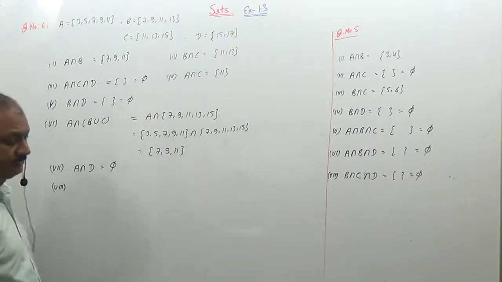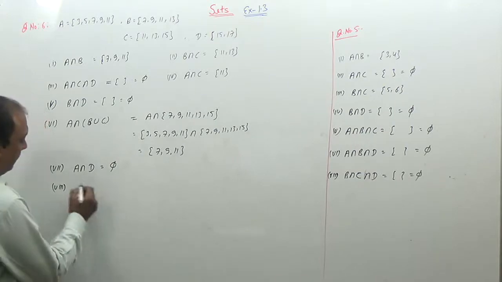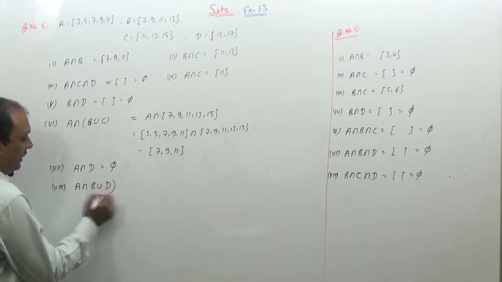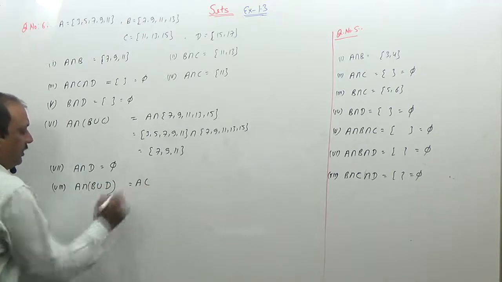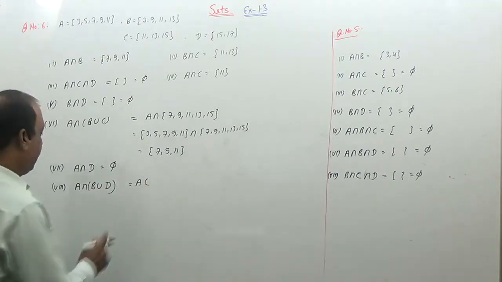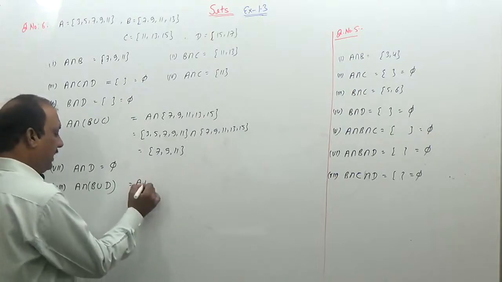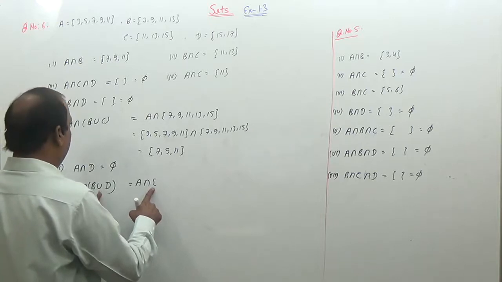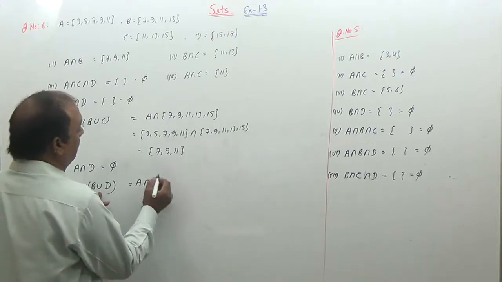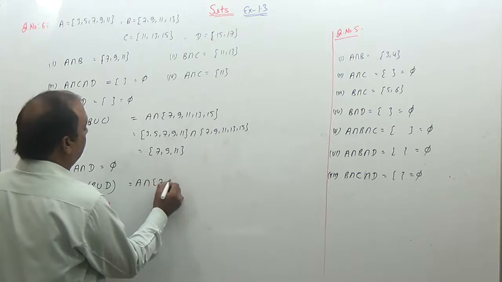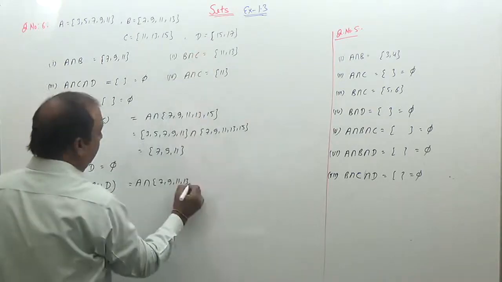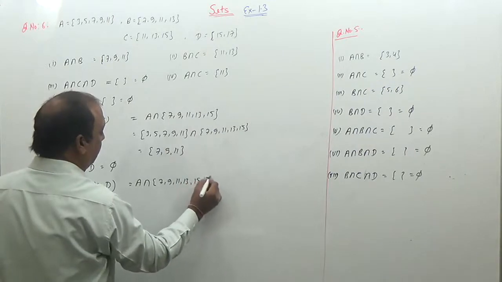Eighth part. A intersection B union D. So first of all, find out B union D. B union D is a set which contains all elements of B as well as all elements of set D. So 7, 9, 11 and 13 as well as the elements of set D, 15 and 17.